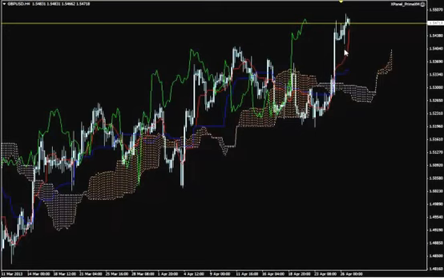If your account can tolerate more, you can go a few pips below Kijun-sen, the blue line. If your account allows it, you can go a few pips below the upper border of the Kumo, and if your account is even bigger, you can go a few pips below the lower border of the Kumo.